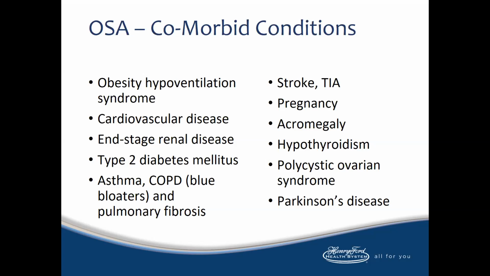End-stage renal disease is another comorbidity, as are multiple pulmonary conditions, asthma, COPD, pulmonary fibrosis, as well as diabetes, stroke, and then things like hypothyroidism and acromegaly, which has to do with some of the structural abnormalities. Parkinson's disease is also a comorbid condition, which is also at risk for REM behavioral disorders.